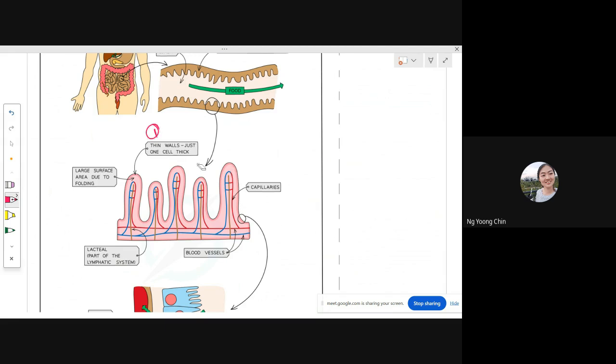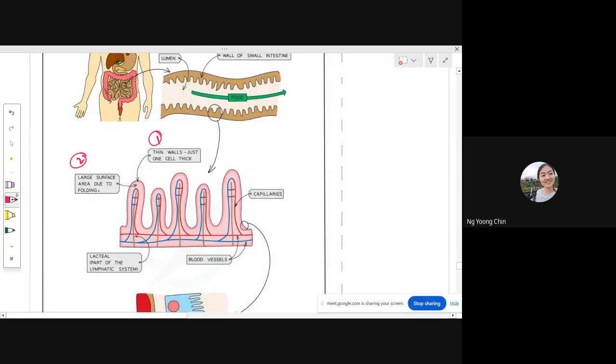Then secondly, they have a very large surface area, due to the highly folded villi structure. So, a thin wall, large surface area, and they are surrounded by a network of blood capillaries.